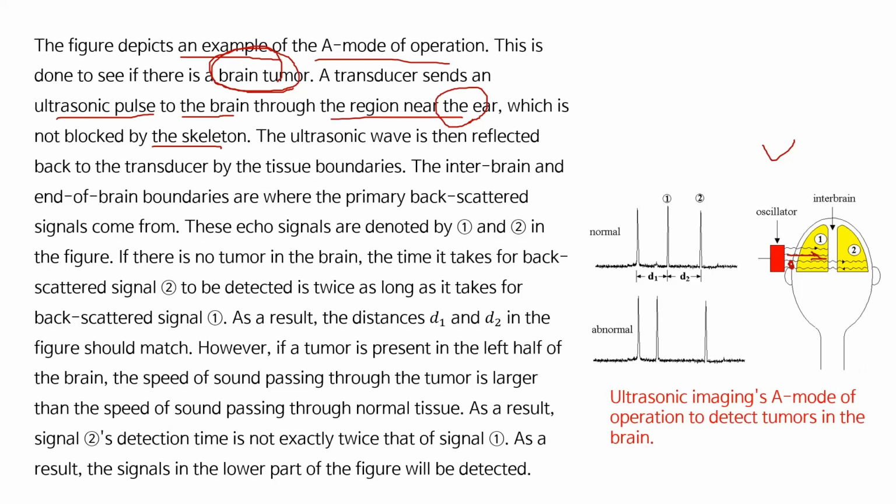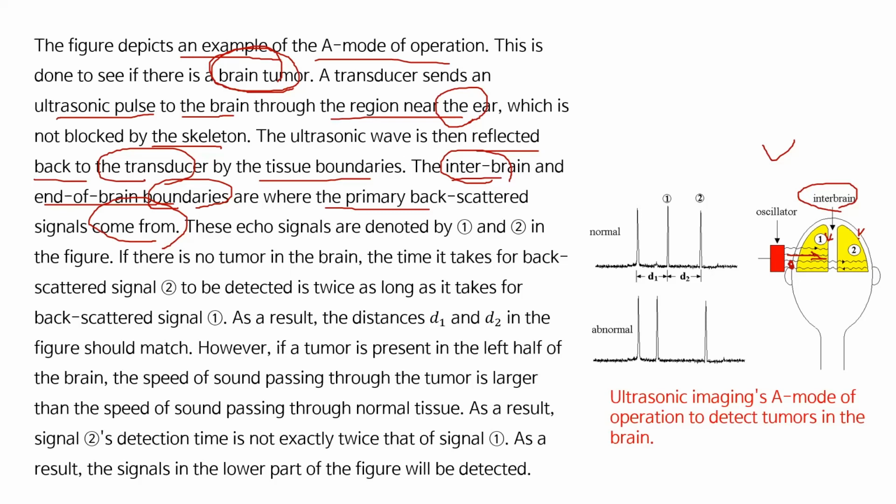The ultrasonic wave is then reflected back to the transducer by the tissue boundaries. Okay. This is the interbrain region. The interbrain and the endobrain boundaries here, this endobrain boundary, and there is an interbrain boundary here, where the primary backscattered signals come from.